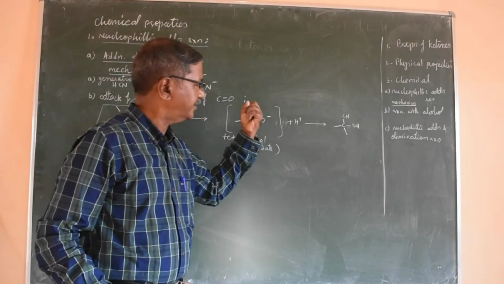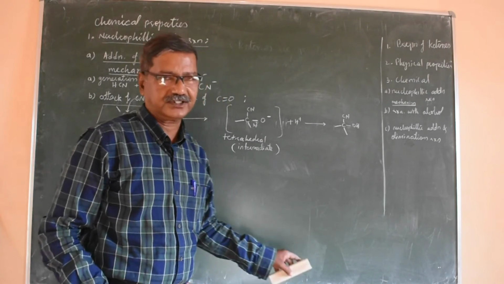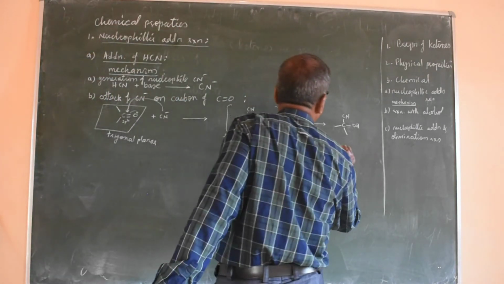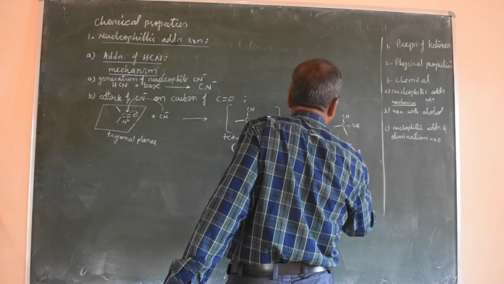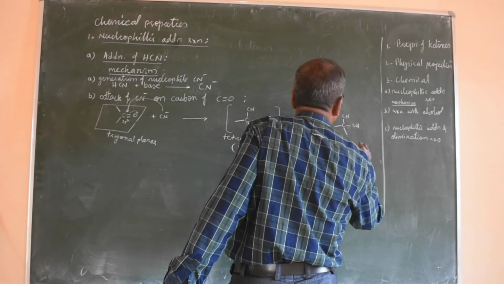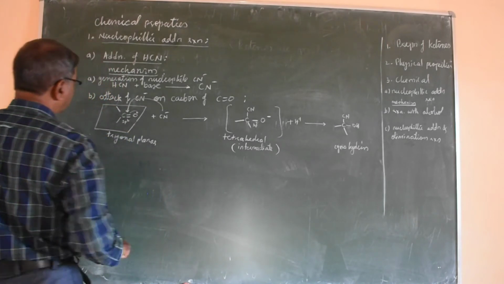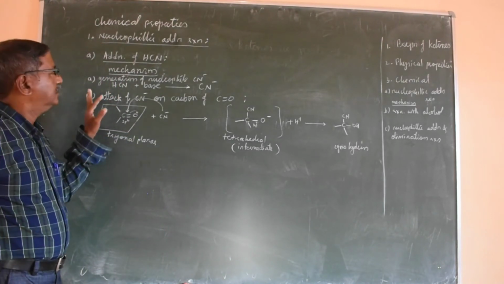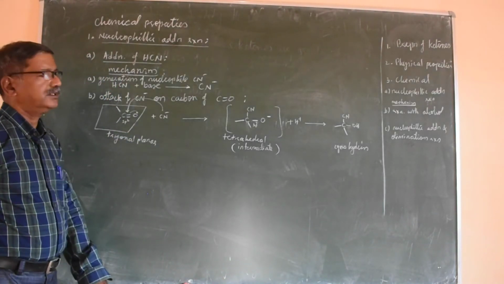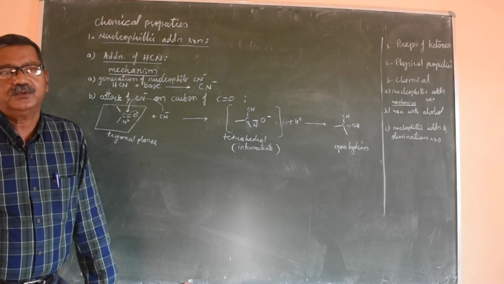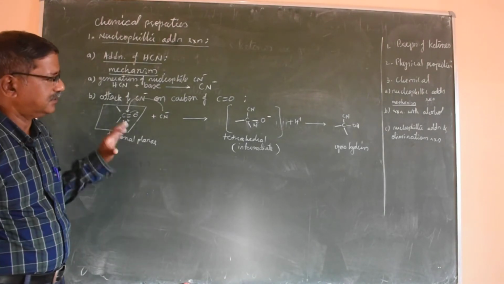Then it accepts H plus to give the final product, cyanohydrin. So both aldehydes and ketones react with hydrogen cyanide to give cyanohydrin.